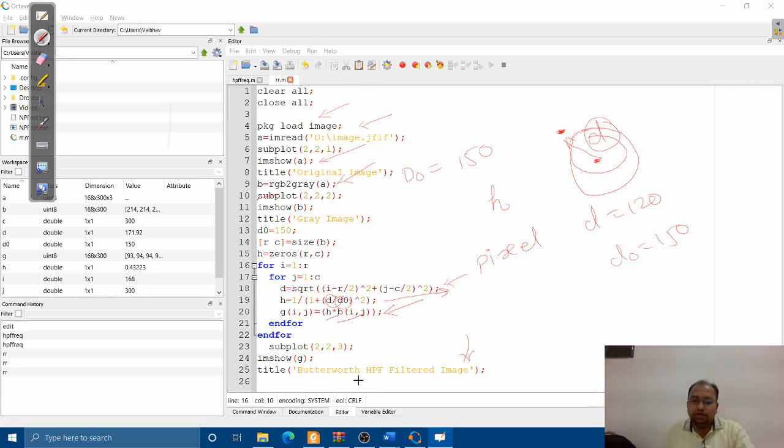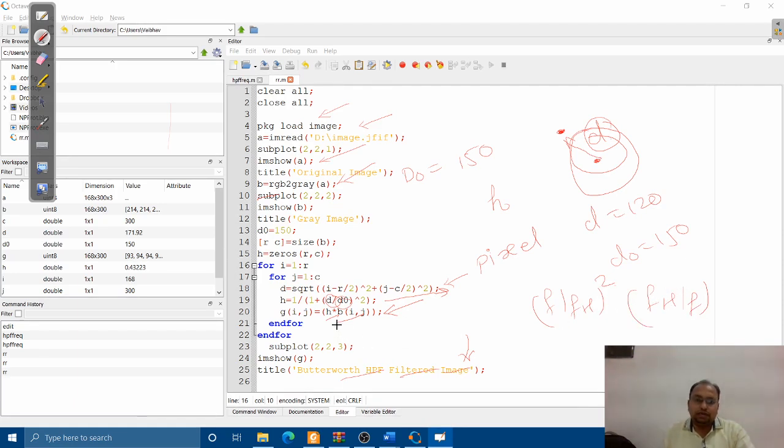So this is nothing but the Butterworth high pass filtered image. D divided by D naught, I think it is low pass filter. F upon Fh is high pass filter, and Fh divided by F is a low pass filter.